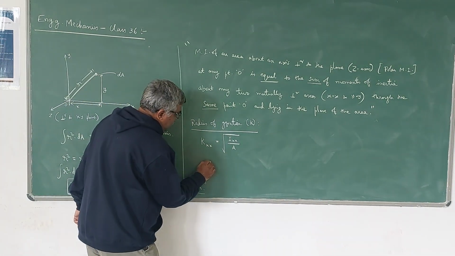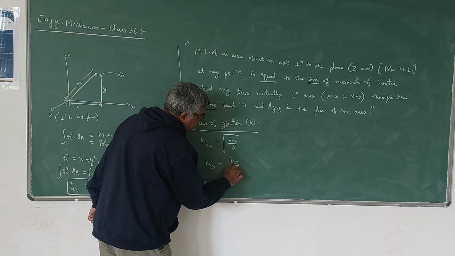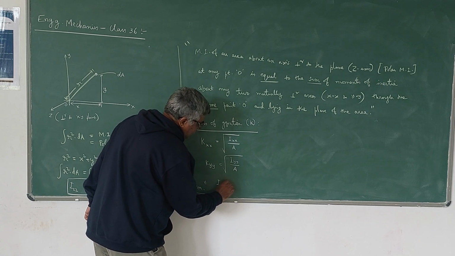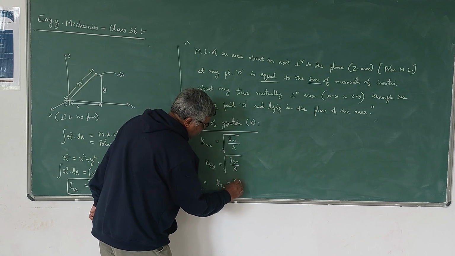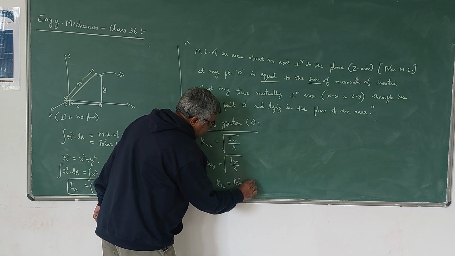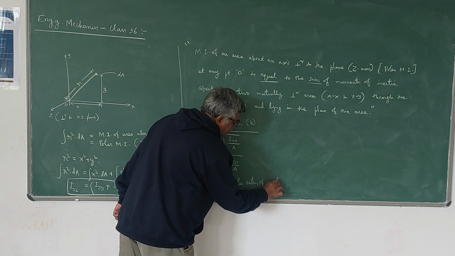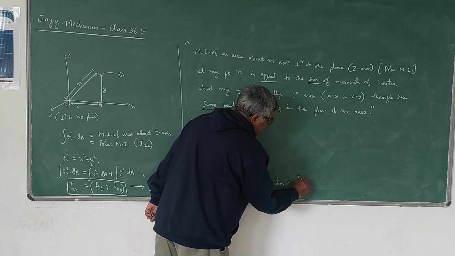If you take with respect to y-axis, kyy is written as square root of Iyy by A. And if you take with respect to zz, kzz, this is called as polar radius of gyration. So this is given by square root of Izz divided by A.